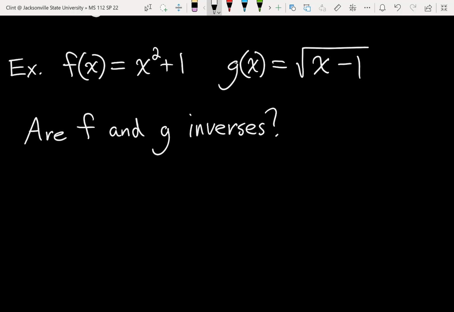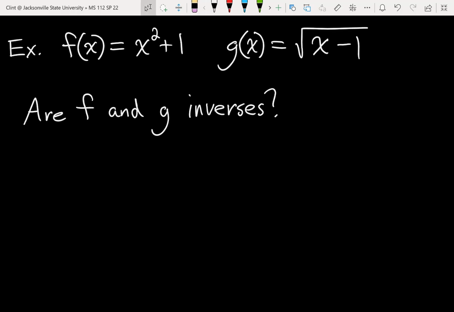So it looks like maybe. If you think your way through it, one says square a number and add one, and the other one says you take away one and take the square root. So maybe. The way we check it, we just need to find f of g of x and g of f of x and see what we get.